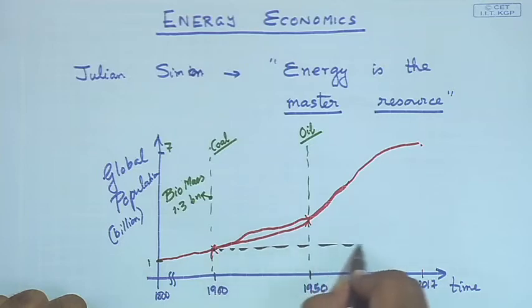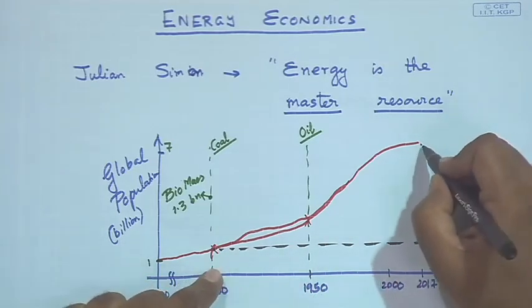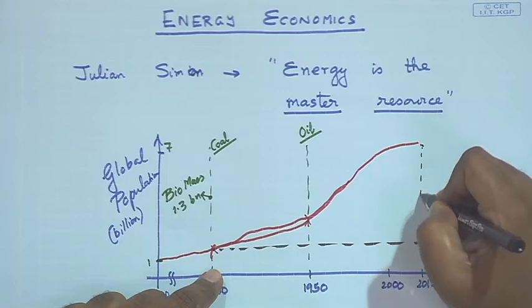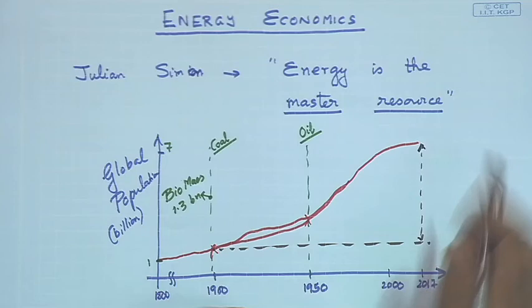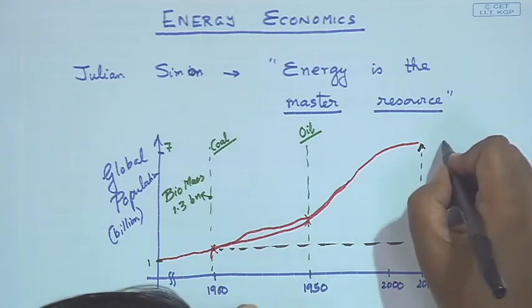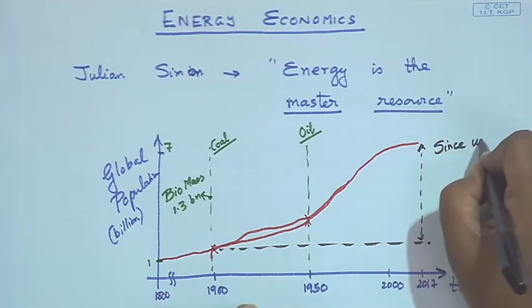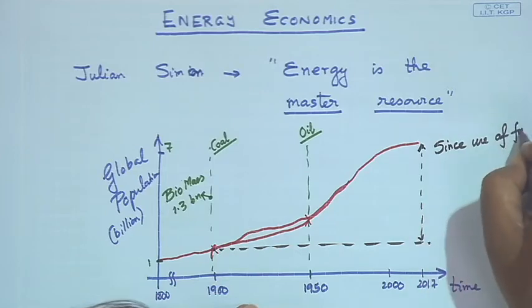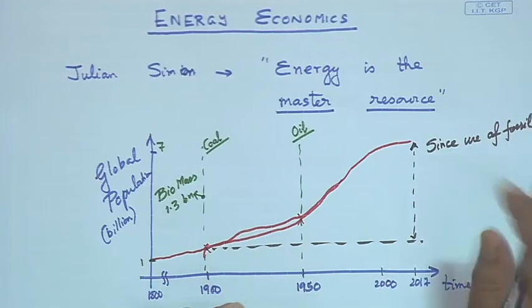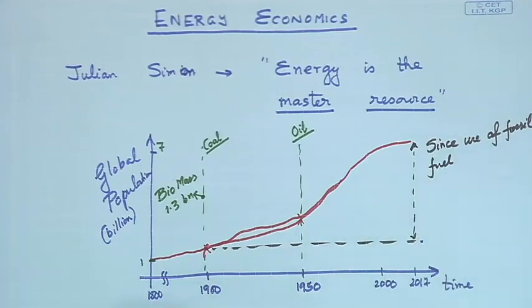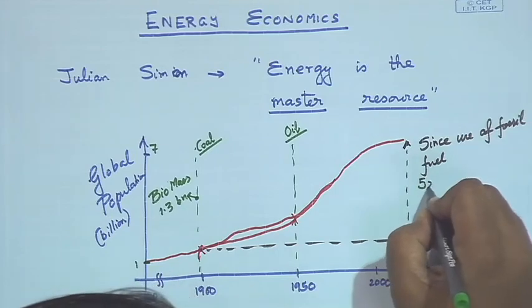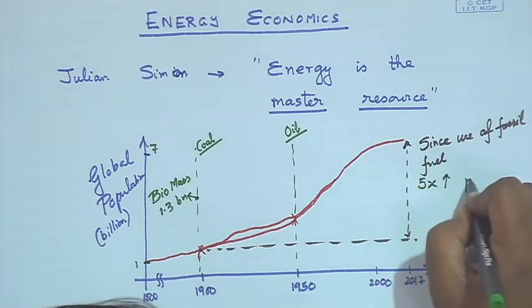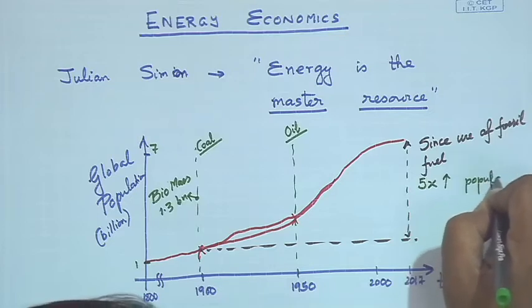So, if I look at some numbers, from where we were in 1900 to where we are today, what does it mean? It means that since the use of fossil fuel, we have seen a 5x increase in population.